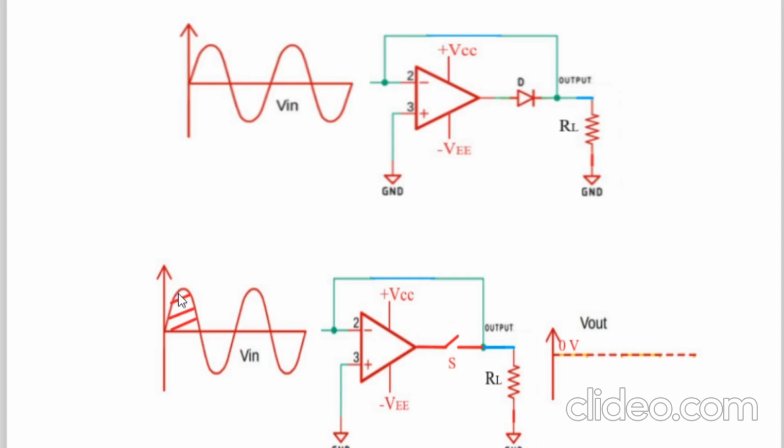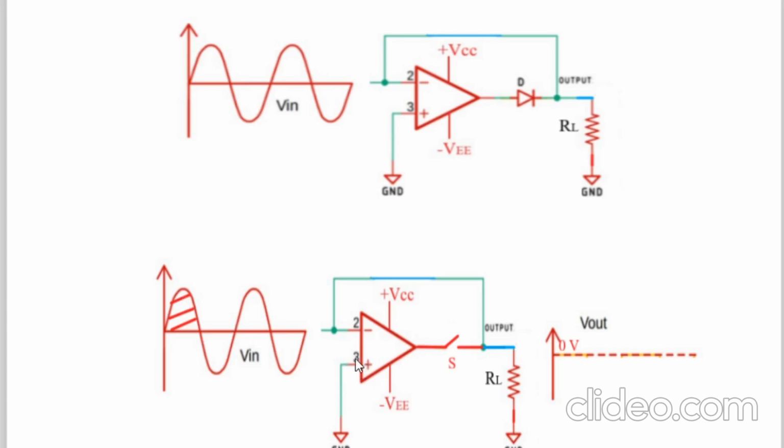As soon as this input goes to 0.01 volt, that is 10 millivolt, the op-amp will immediately compare these two values. The op-amp observes that the voltage at inverting is 0.01 volt, that is 10 millivolt, of course plus 10 millivolt because we are talking about the positive half cycle, and the voltage at non-inverting is 0.